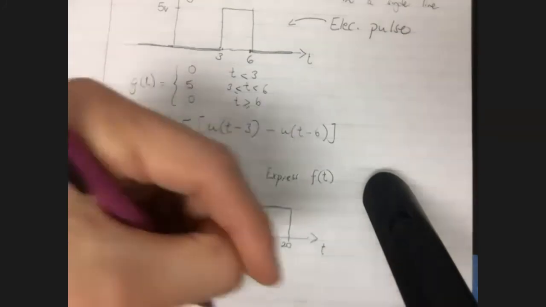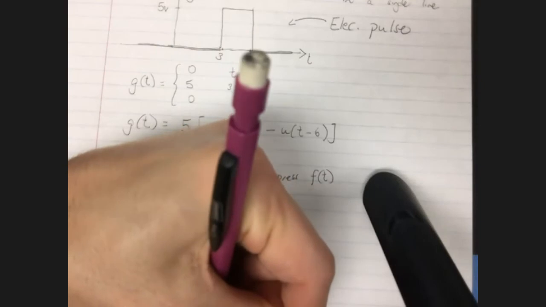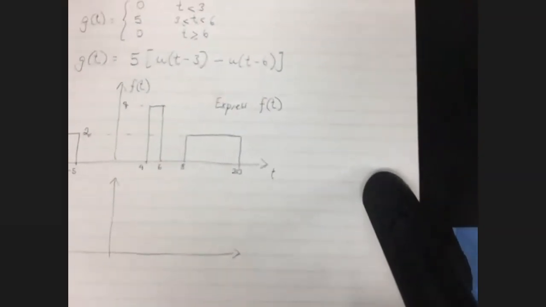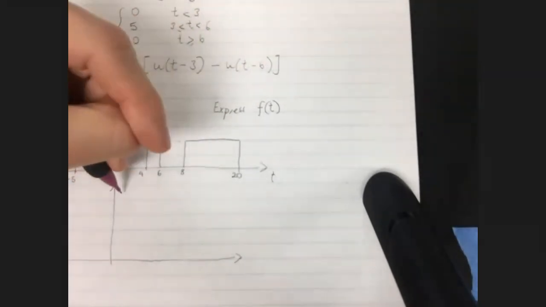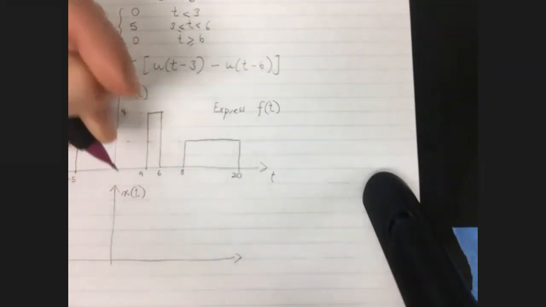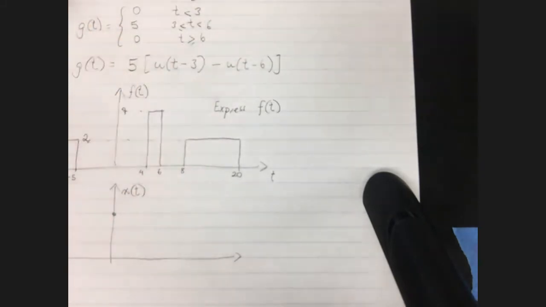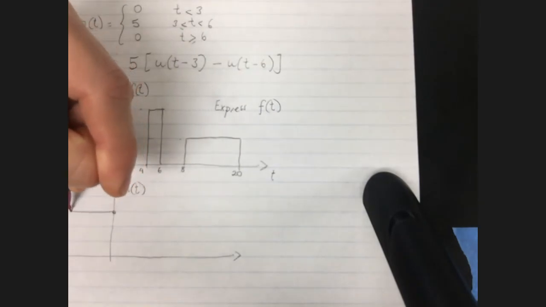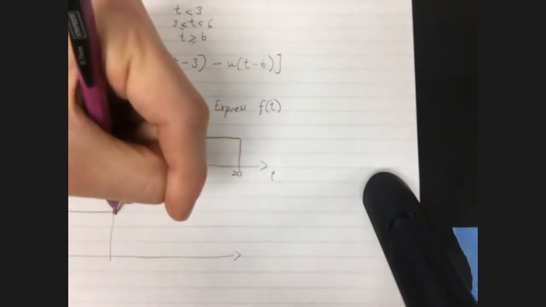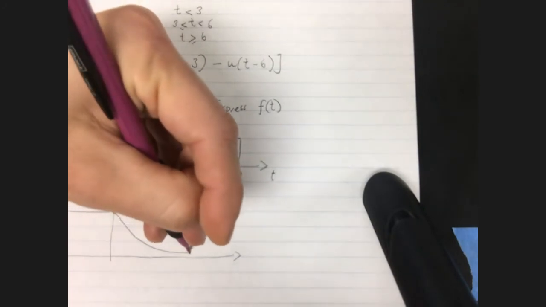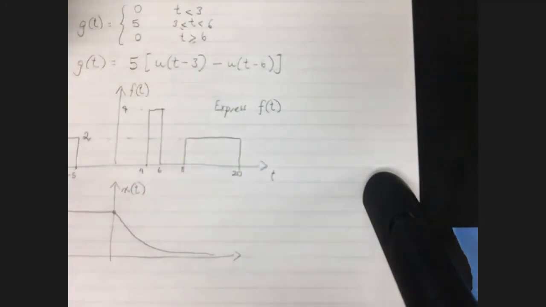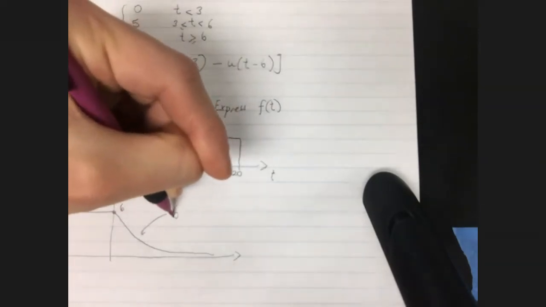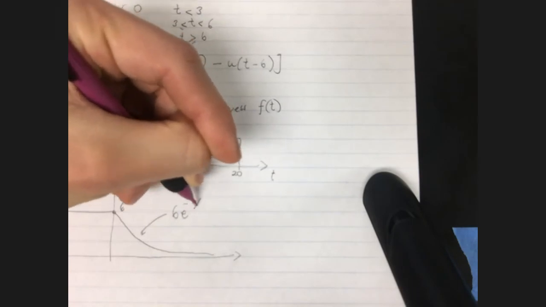Let's try a tricky one here. I'll give you a second one below it. Let's call this one x of t, and again, your goal is to express it in a single line. Let's say this is going to be a height of 6, and this is 6 e to the minus t over 3.